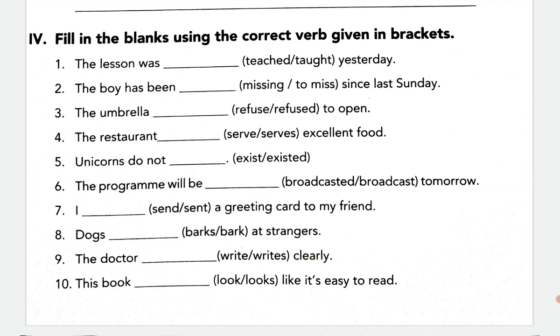I dash a greeting card to my friend. I sent, S-E-N-T. Dogs dash at strangers. Dogs bark at strangers. The doctor dash clearly. The doctor writes, singular, so writes. This book dash like it's easy to read. This book looks like, because we are talking about a book. This book looks like it is easy to read.